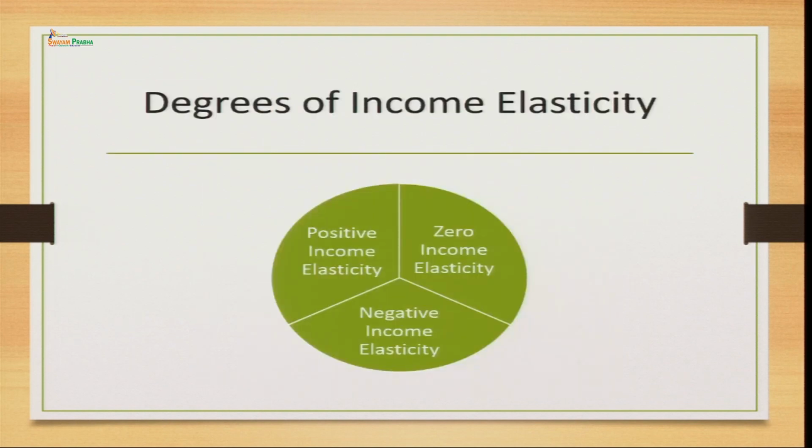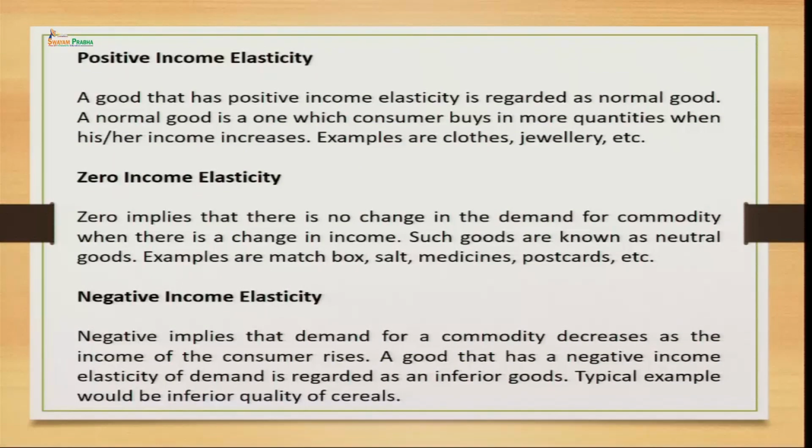Now, let us look at the degrees of income elasticity. Like we have divided the price elasticities into 5 types, we have income elasticity degrees also, and here we have divided them into zero income elasticity, negative income elasticity and positive income elasticity. Now, what is this positive income elasticity? Positive income elasticity says that whenever there is an increase in the income of a consumer, the quantity demanded for these goods will also increase, and that is why it has a positive income elasticity, right.